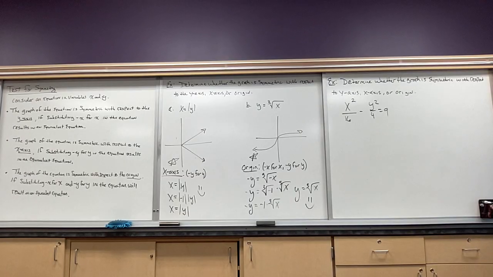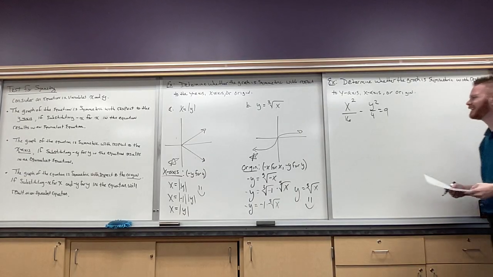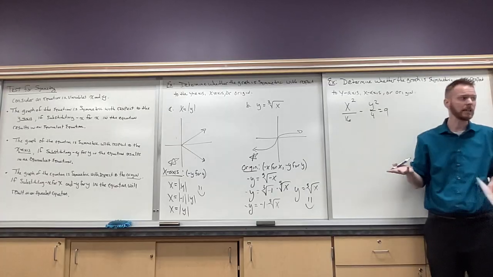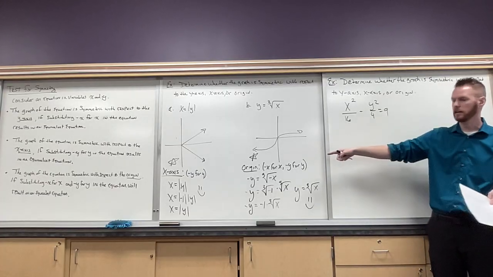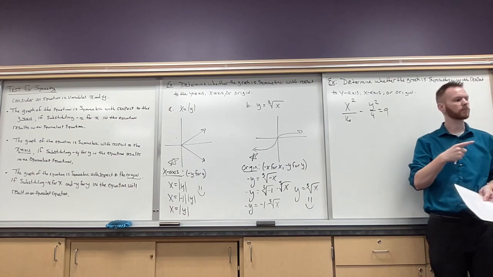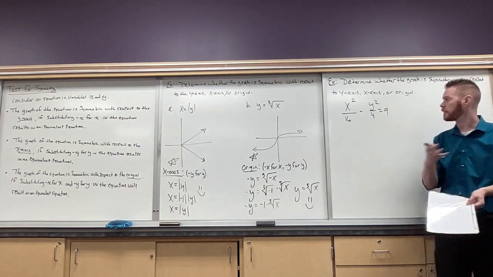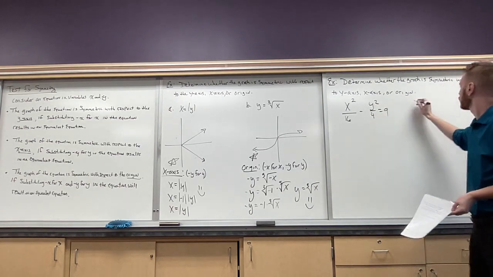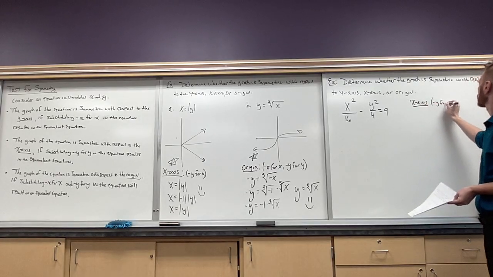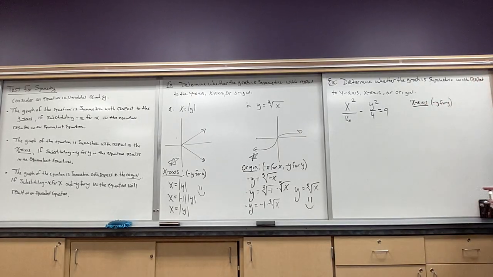Multiply everything by 16 is what I do. Get it to where it's just something that's easy to work with? Not a bad idea. Considering I'm only plugging in negative x and negative y, I don't think I have to do that this time. Okay? But again, I don't want to disprove that. So what I'm going to do here is I'm going to test all of these. So x-axis, let's go ahead and figure out if it works for the x-axis.